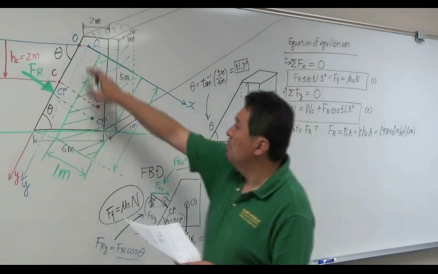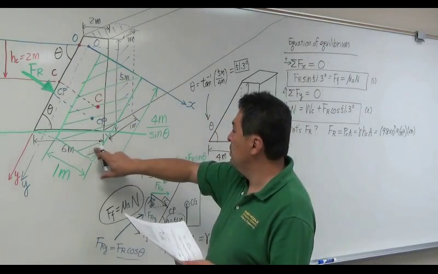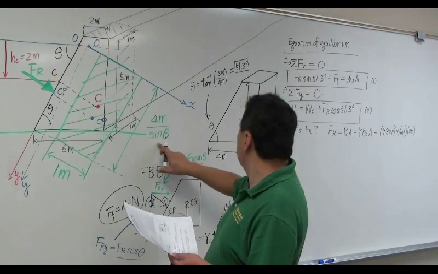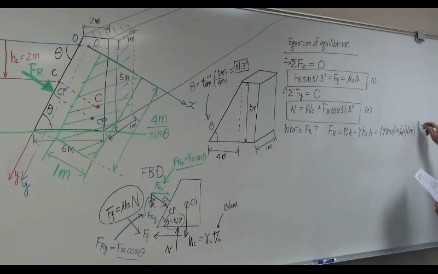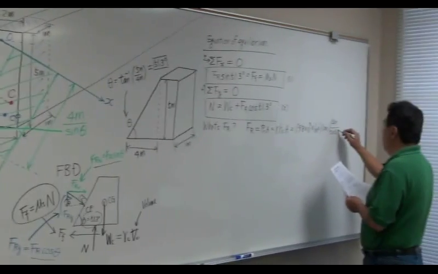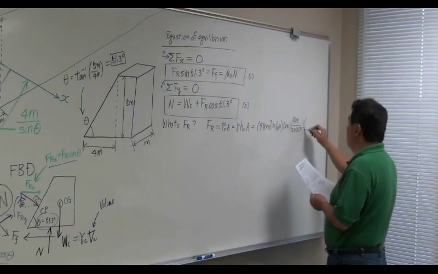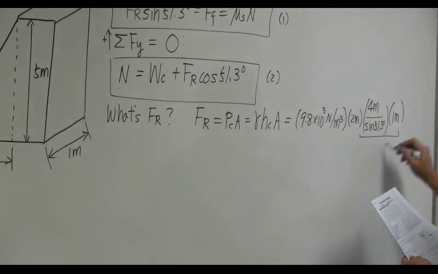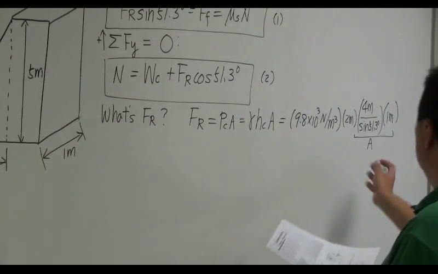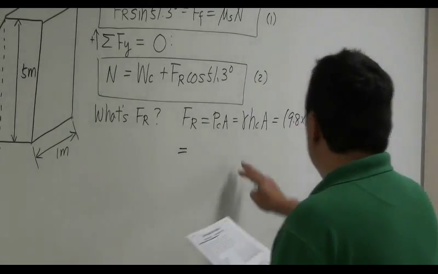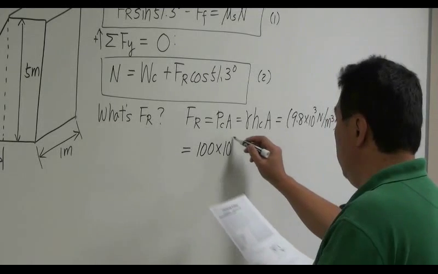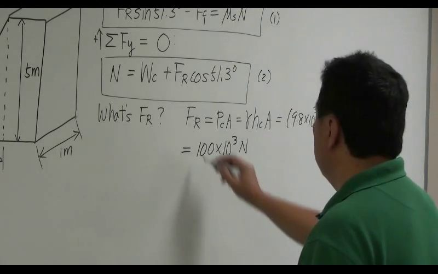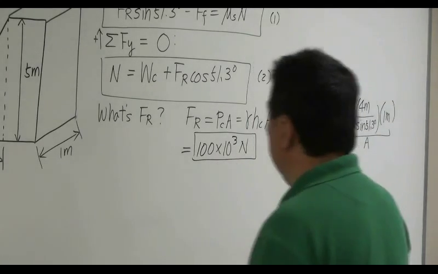This is the plane surface submerged under the water, which is 4 meter over sine 51.3 degrees multiplied by 1 meter. This is the area of your interest. So if you punch those numbers in your calculator, you should get 100 times 10 to the 3 newtons. Okay, so now we know what Fr is.